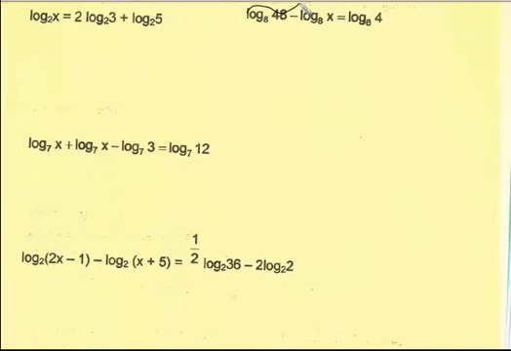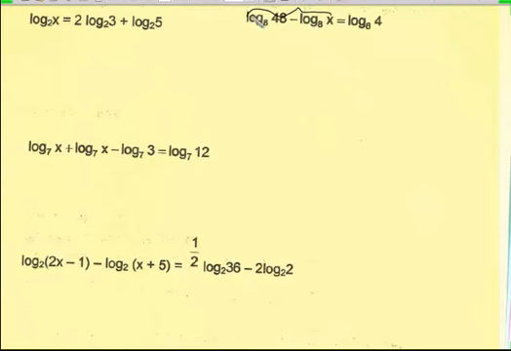Notice the left-hand side needs to be condensed. I'm going to use the property that says log base b of m minus log base b of n is equal to the log base b of m divided by n. This is from our previous lesson.